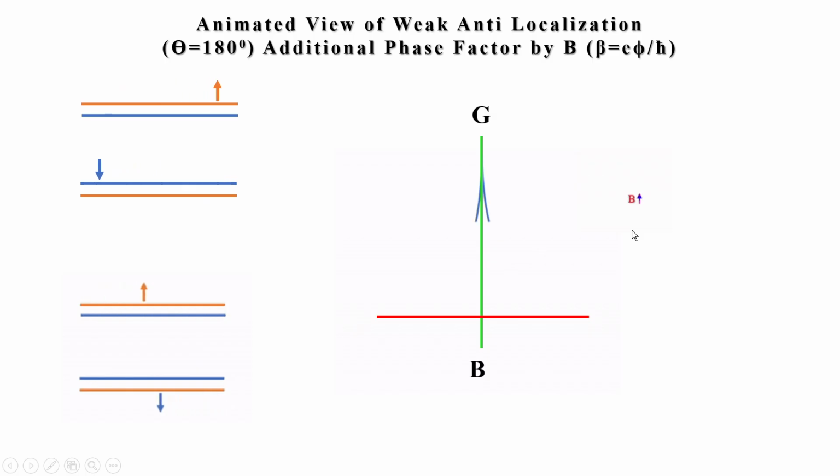With the increment of the magnetic field, this shows the weak antilocalization signature: the conductivity decreases with the increment of the magnetic field.